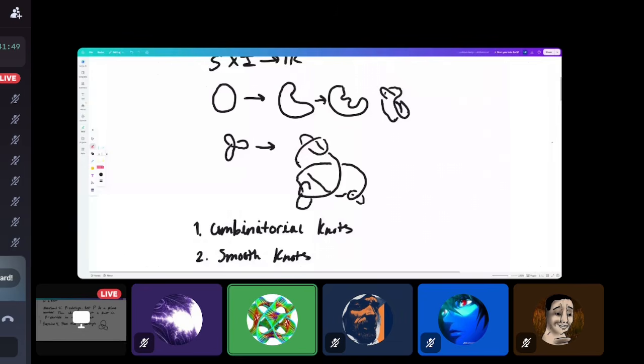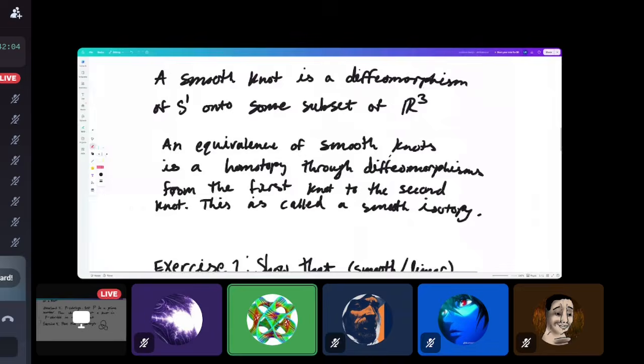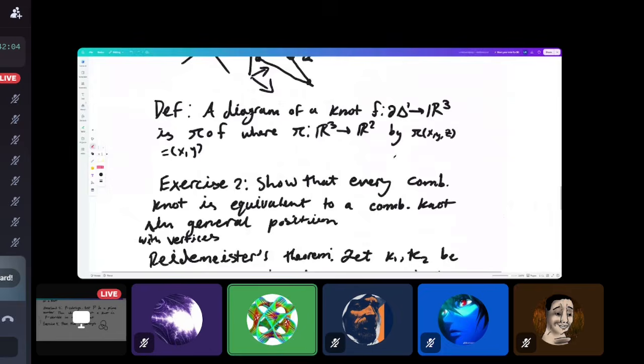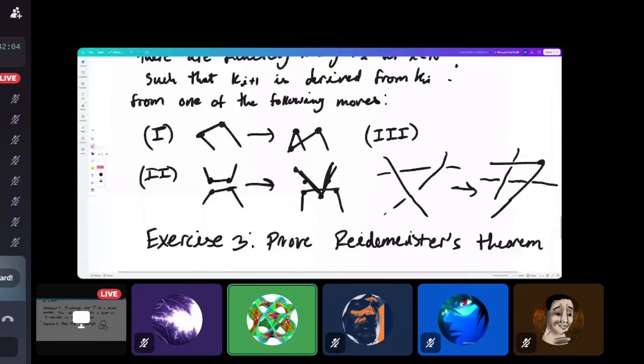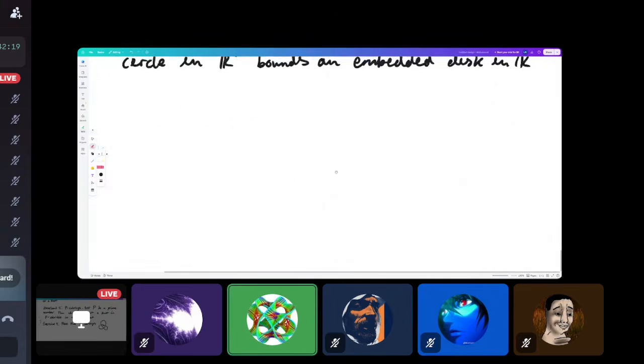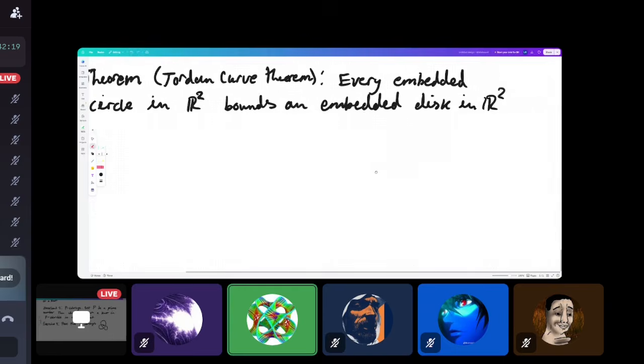How can it be shown that space filling curves, or things that look like space filling curves, like fractals, all bound a disk? So the question is, how do those curves bound disks? And it's a very non-trivial fact. So here's a proof.